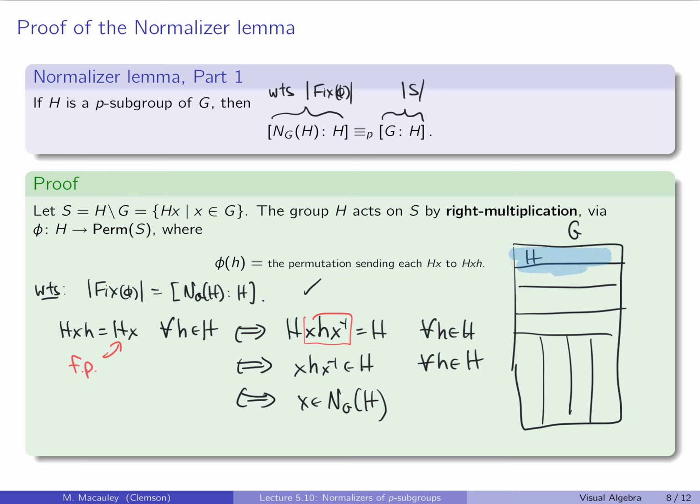Then some of these are going to be blue and the others are going to be red. These are the left cosets that are not right cosets. And what we just showed is that a coset Hx is in the normalizer if and only if it's a fixed point. And that's enough to imply the lemma by the p-group lemma.